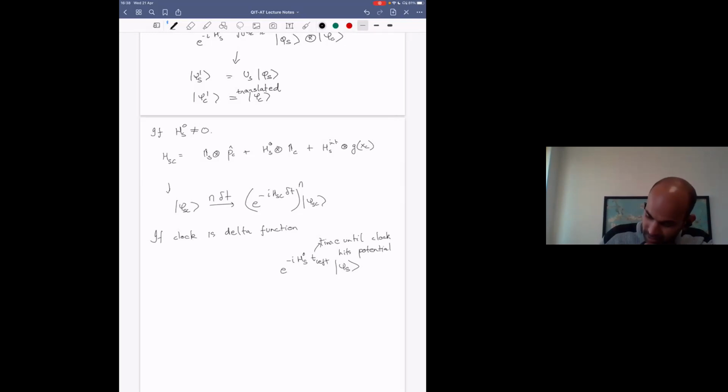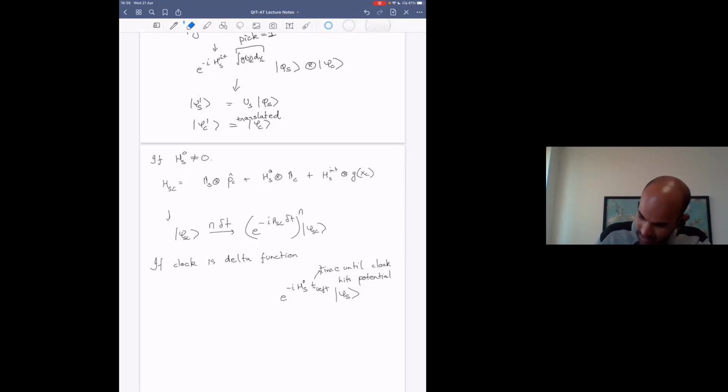Once the clock hits the potential, then you get e to the minus i (H_0s plus H_int). Sorry, let me just write this with much more space.